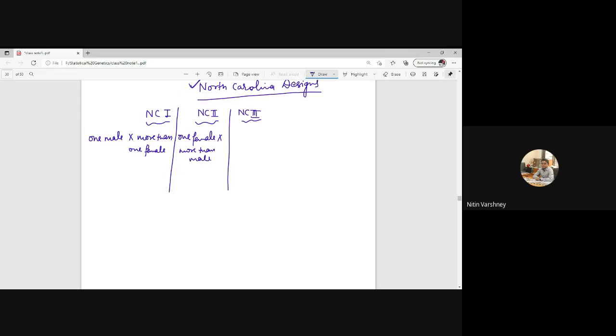And North Carolina 3, in which randomly selected genotypes in F2 as males are backcrossed with each of the two parents involved in the cross.